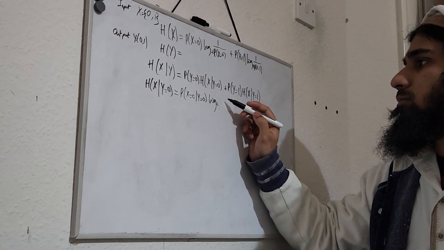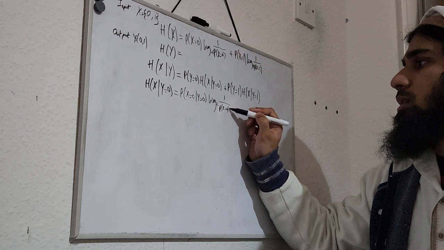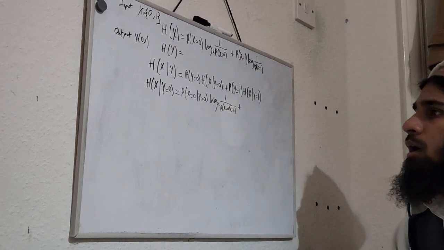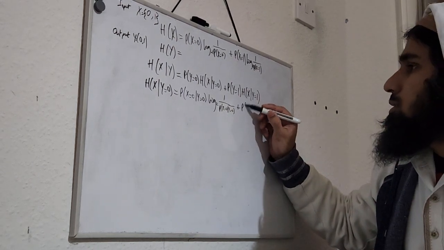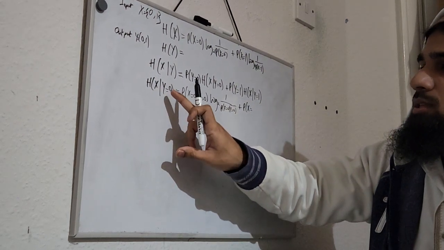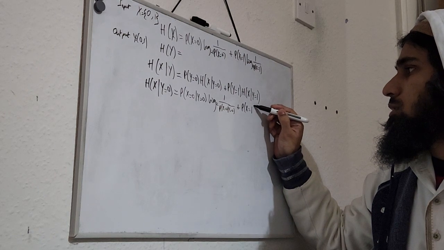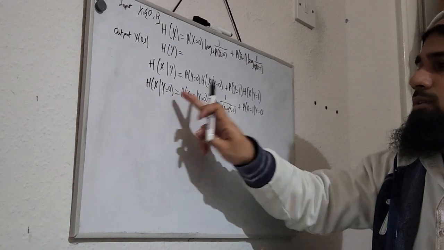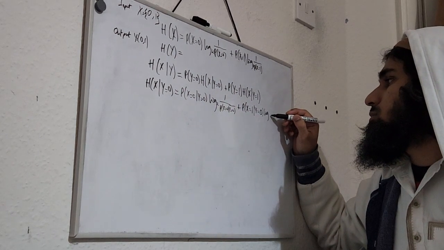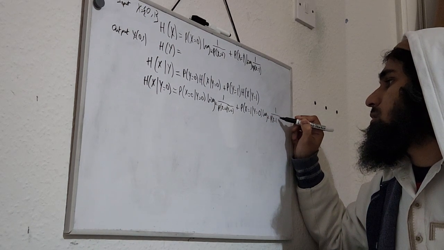So log 2 of 1 over the probability that x is 0 given y is 0, plus the probability that x is 1 given y is 0. Here we don't know what x is. X would be 0 or 1, but this is fixed, okay? So that is log 2 of 1 over the probability that x is 1 given y is 0.